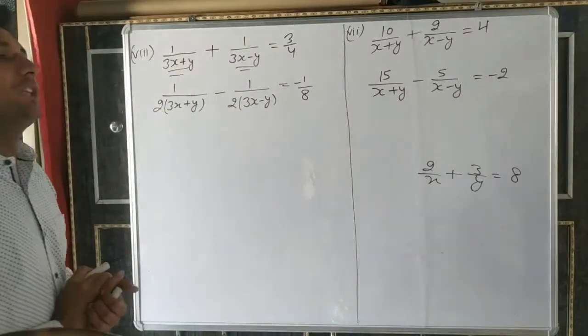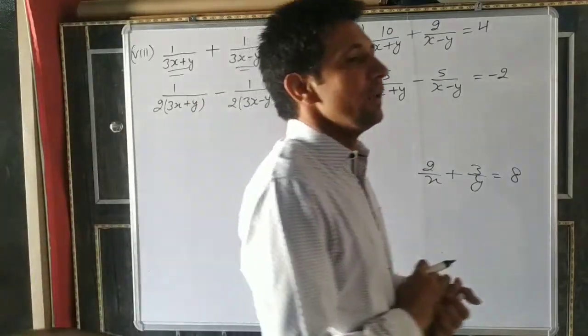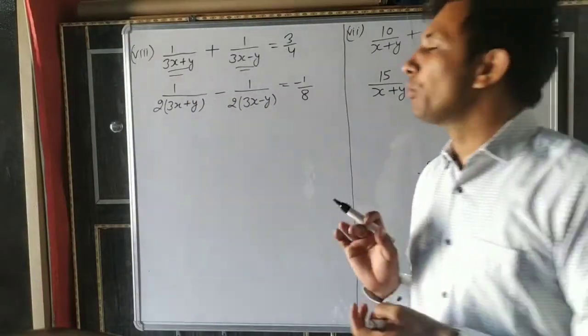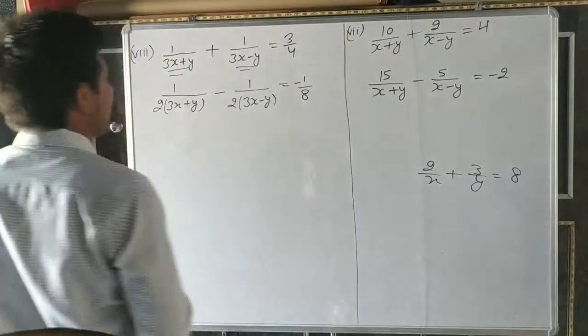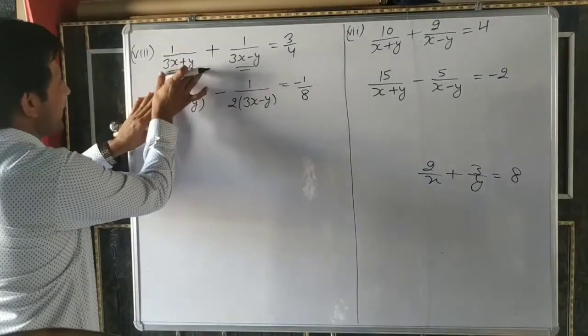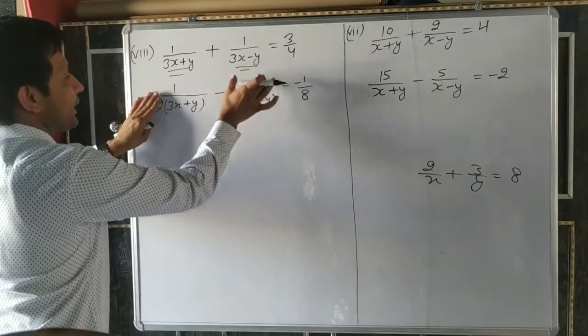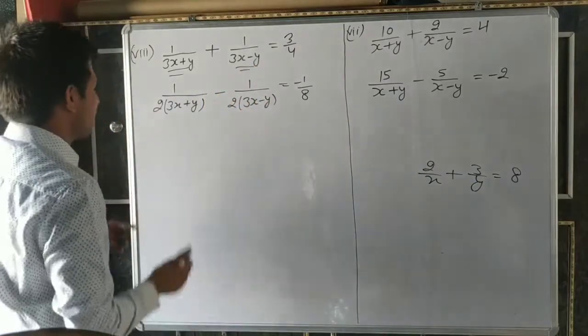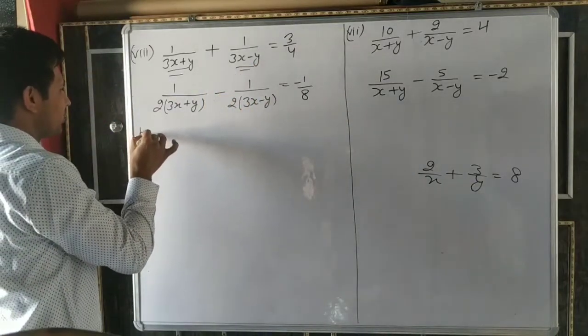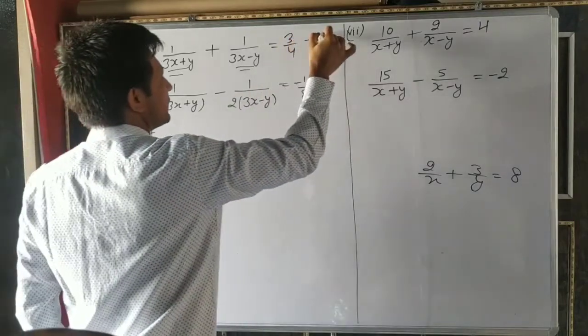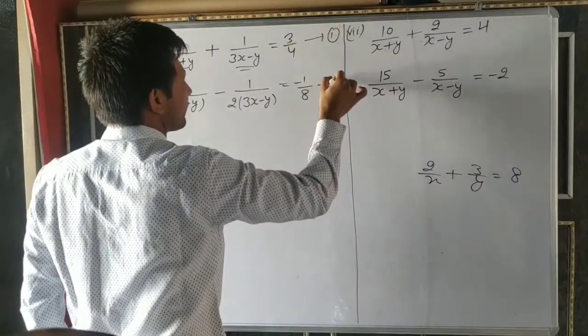So always we will take the term which is present in both equations. We observed 3x plus y, 3x plus y, 3x minus y, 3x minus y. So this is equation 1, this is equation 2.